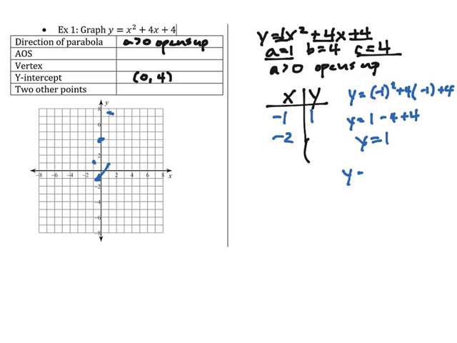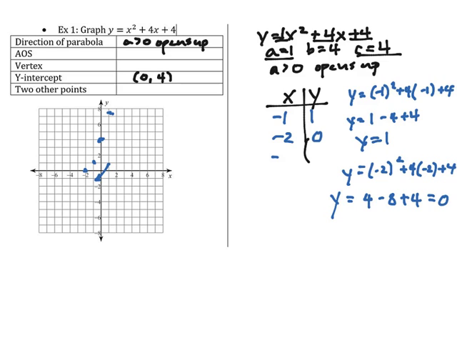So y equals negative 2 squared plus 4 times negative 2 plus 4. So y equals 4 minus 8 plus 4, which equals 0. So that's negative 2, 0.